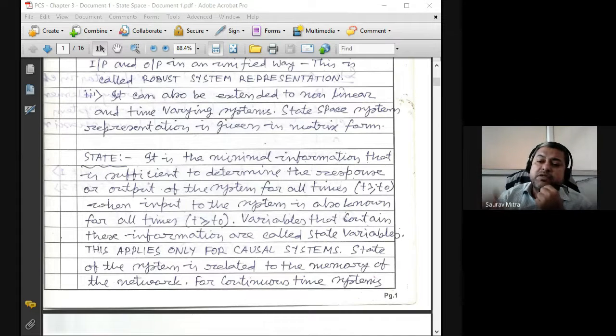That means the inductive current and capacitive voltage at different time instances. That is called the state. i_L(t) at t = 0, you can calculate. At t = 1, you can calculate. At t = 2, you can calculate. Just keep on substituting t as 0, 1, 2, 3. So you are finding different values of the state variable at different times. That is what is called the state.